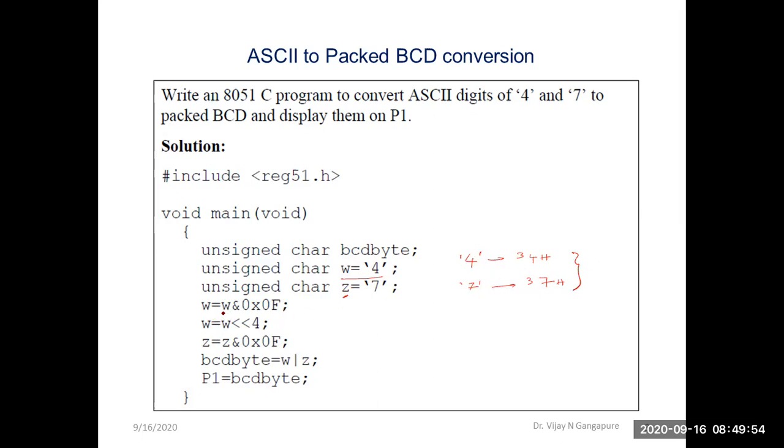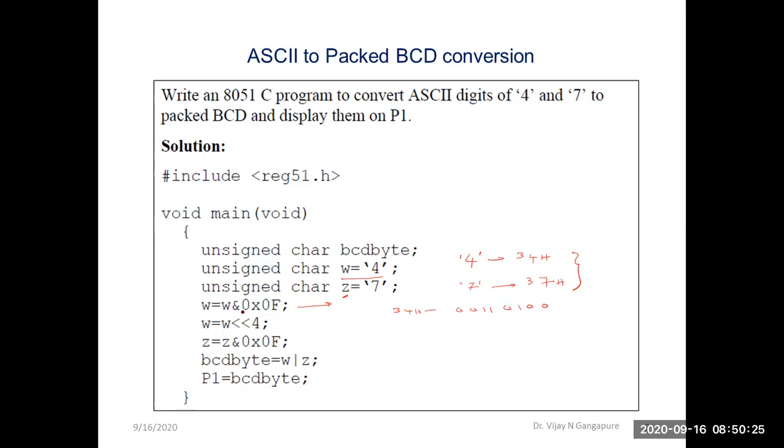Now next, see, W is equal to W ampersand 0x0F. What will happen? In W we have the ASCII code of 4, that is 34H, in binary 0011 0100.